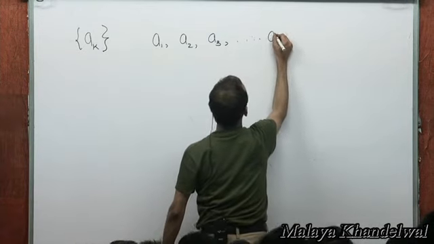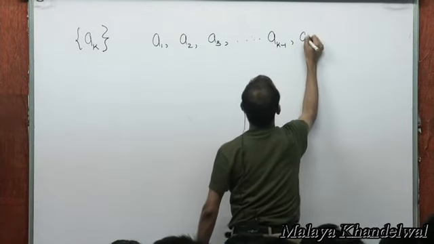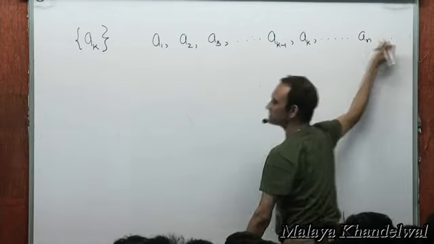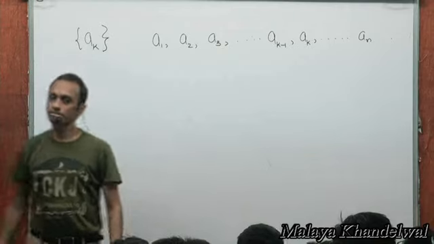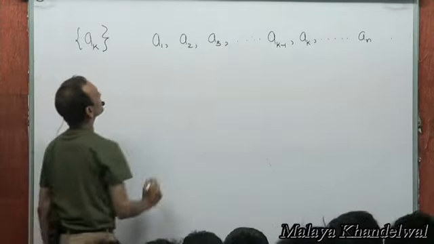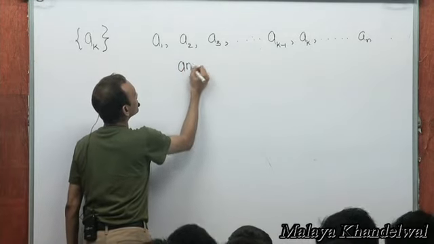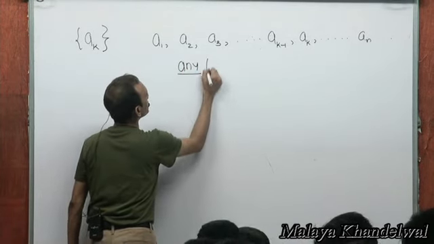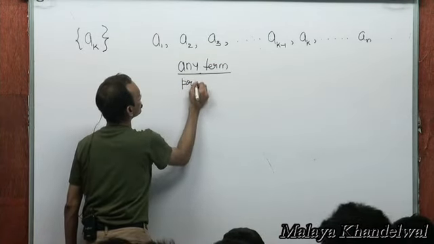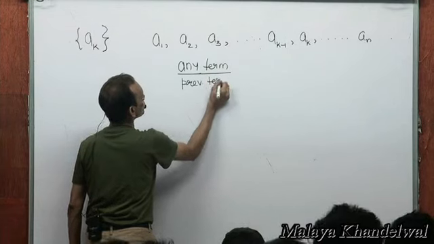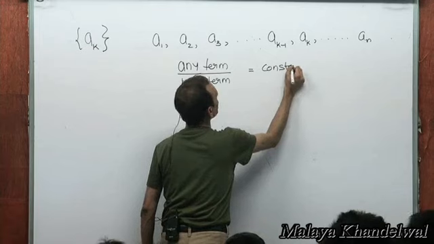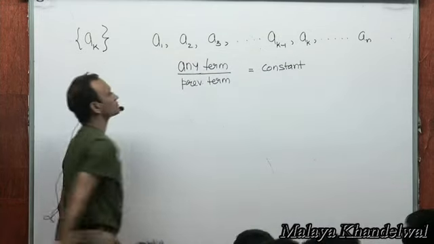This is a collection of numbers having the property that any term divided by the previous term is a constant.